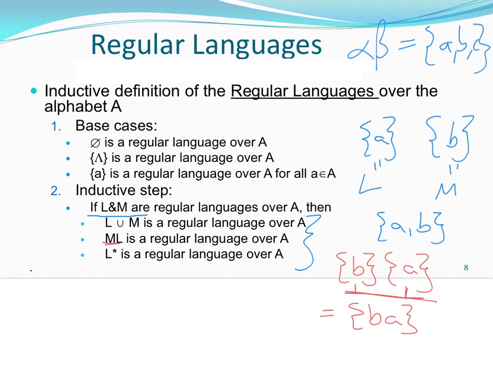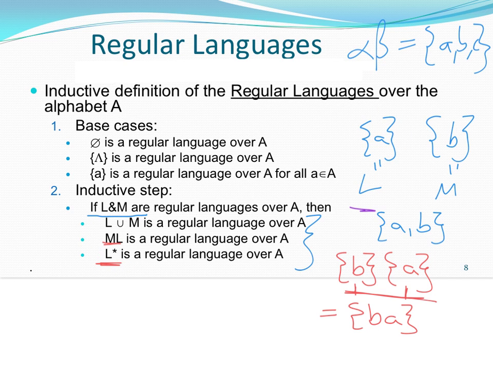Okay? And finally, this tells us that L star is a regular language over A. Now, this is interesting because this tells us that we can have languages that are infinitely long. So, for example, we know that this is a regular language, right?